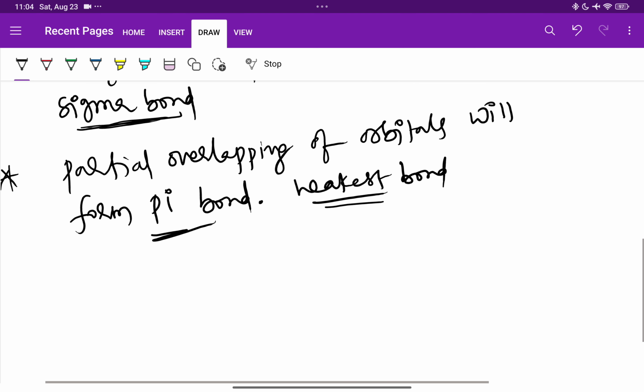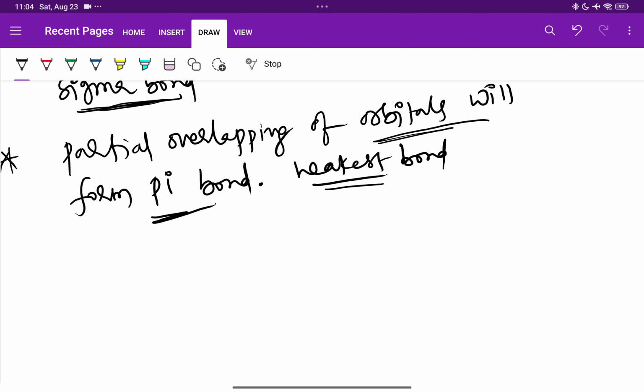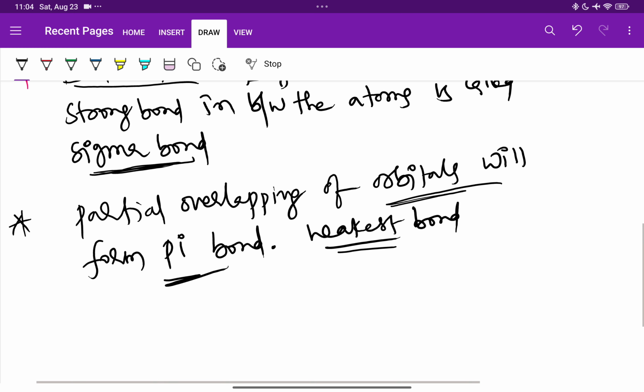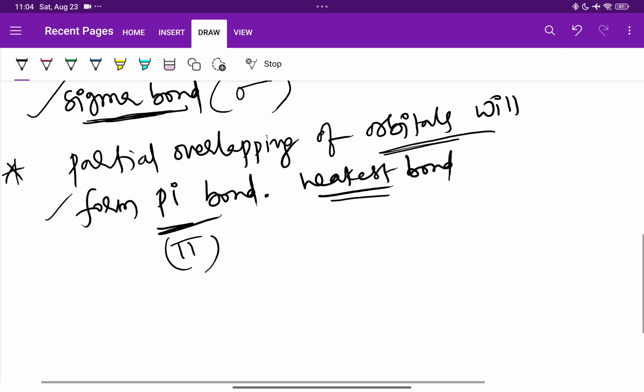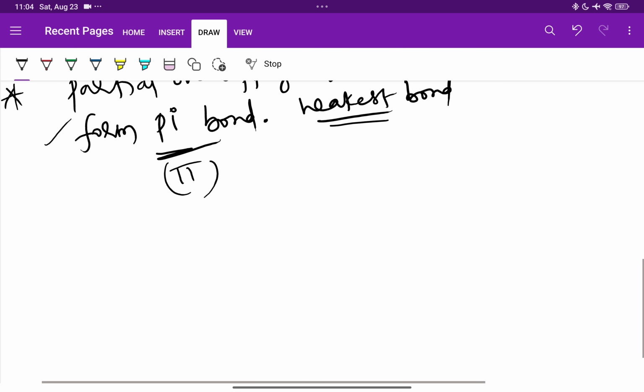So partial overlapping of orbitals will form pi bond. So overlapping of orbitals have given two types of bonds. One is sigma, another one is pi. Sigma notation is this and pi notation is this. So what are the best molecules to show sigma bond and pi bond is our next point.